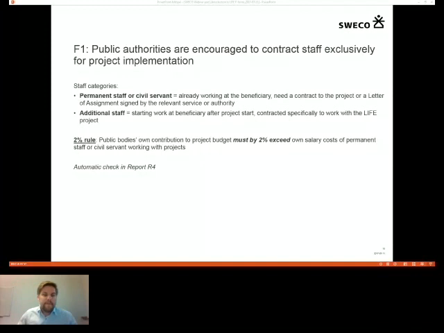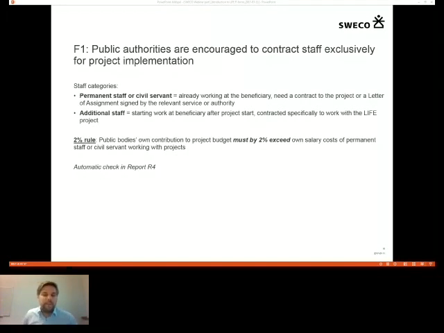And the 2% rule, the basic idea is that the public body's own financial contribution to the project budget must exceed by at least 2% the own salary costs of the permanent or civil servant staff that are working with the project.